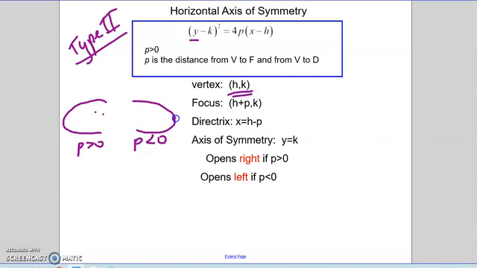You can still get the vertex using this type of form, and the focus is still going to be behind this curve a little bit here, and the directrix is still going to be a straight line outside the parabola, away from it. And there's still going to be an axis of symmetry, just instead of x equals, you're going to have y equals for the axis of symmetry.